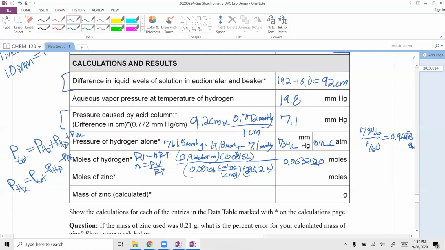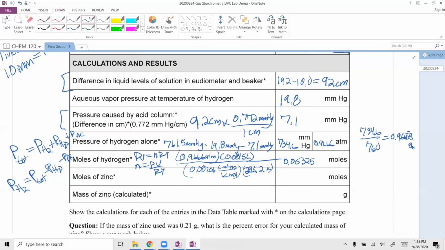Think about significant figures. Well, we have 4 from our pressure, 3 from our volume, 4 from our temperature. So our answer should be 3. Now that 2 is lower than the 5, so we can go ahead and get rid of that. And so that's how many moles of our hydrogen we have.